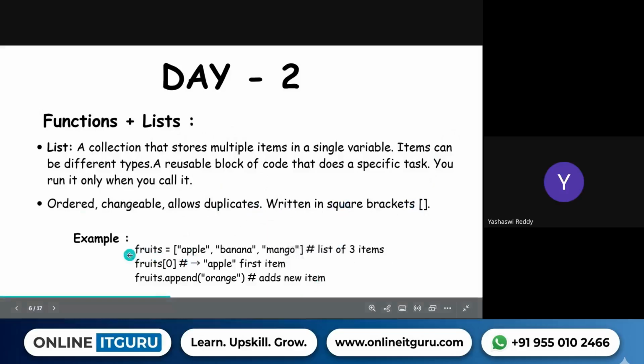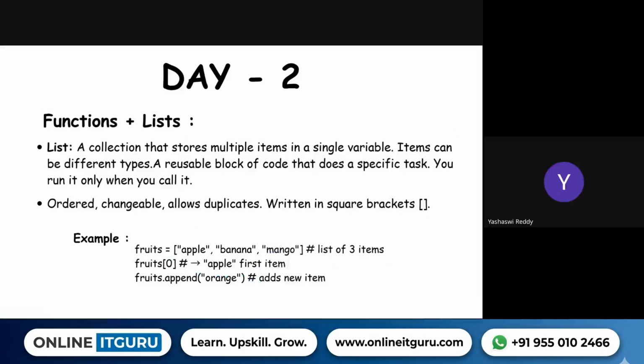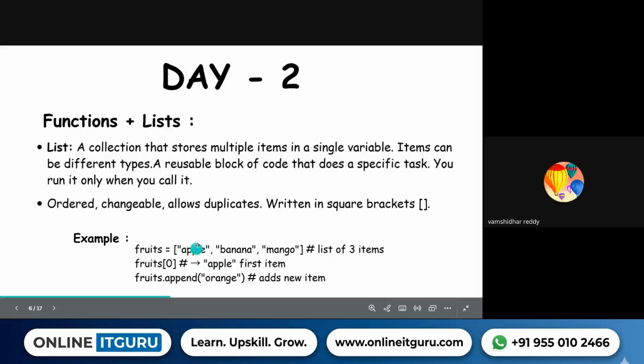See the example, I have taken fruits. I have taken apple, banana, and mango, a list of 3 items here. Everywhere in machine language, the count starts from 0. So apple's count is 0, this is 1, this is 2.